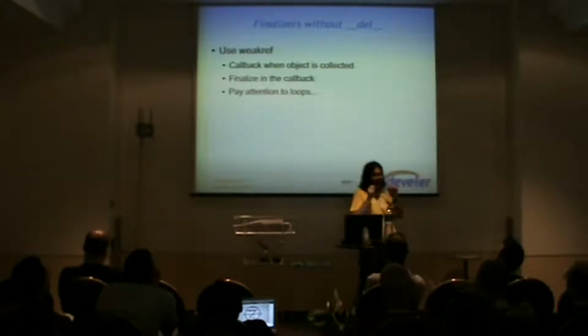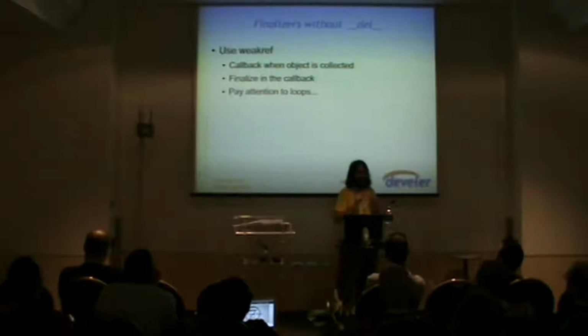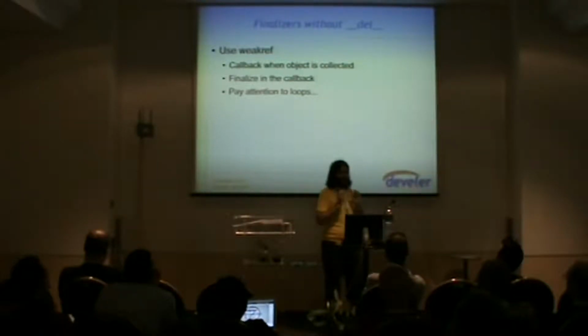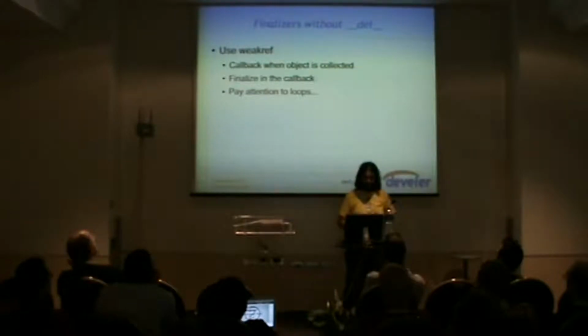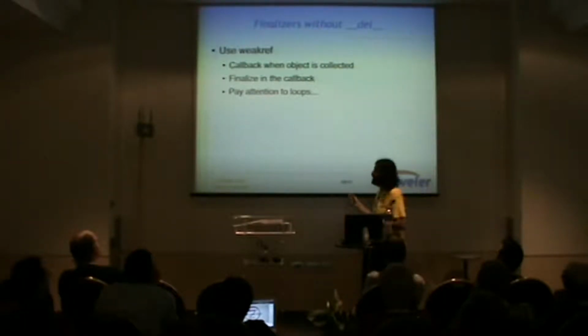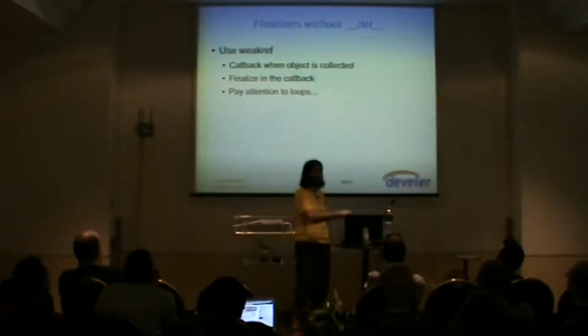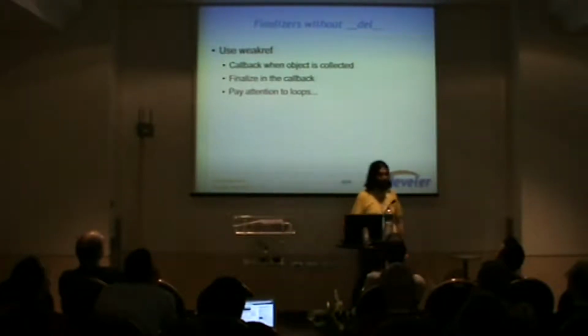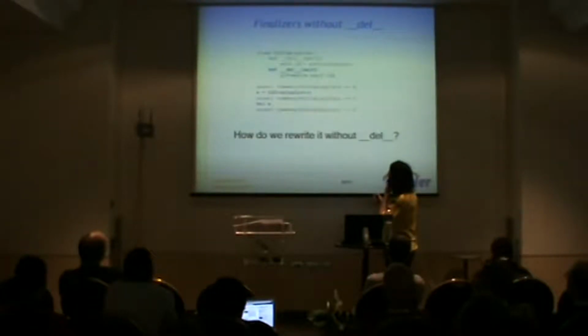It's a weak reference, so it doesn't really hold the object, and if the object dies, the weak reference automatically turns to None. And weak references have a nice feature: you can register a callback function to be called when the object dies. Through this you can probably emulate del.